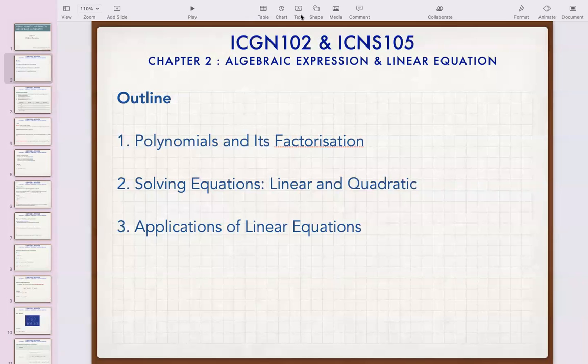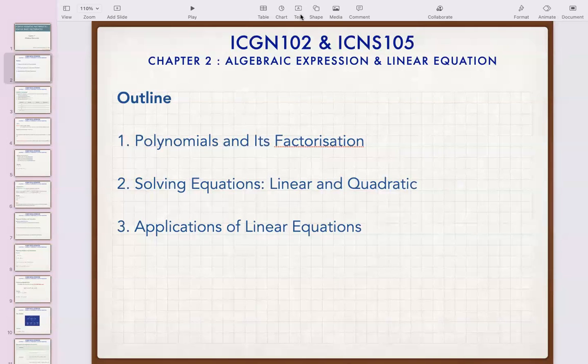For example, if you have x or y or z, it will be just x, not x square, not x cube, or if it has y it's just y only, not y square, not y cube. The power or exponent is 1 only. Then when we plot the graph we get linear equations.